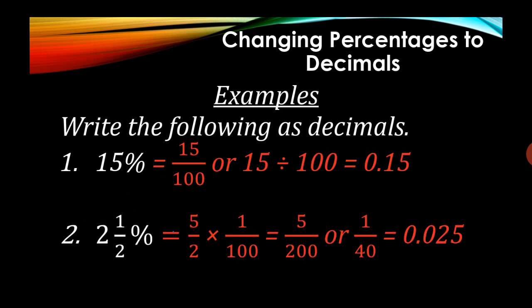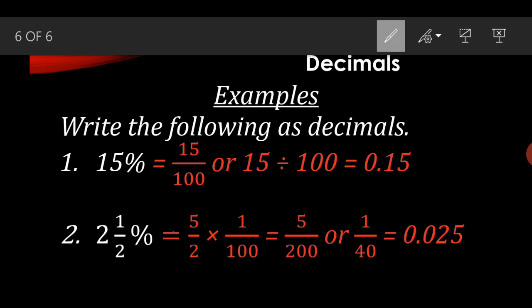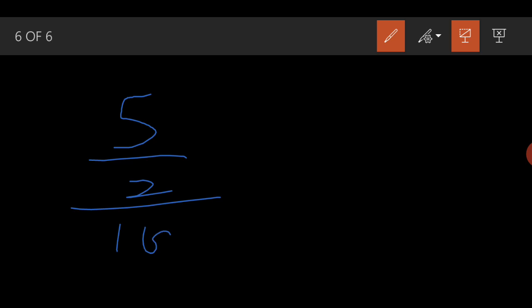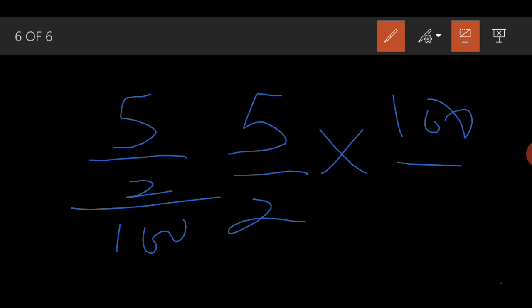Because I told you that any number that has percentage behind means over 100. This is written like this. Don't get confused. 5/2 all over 100.